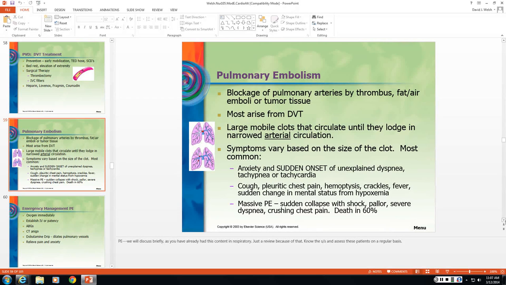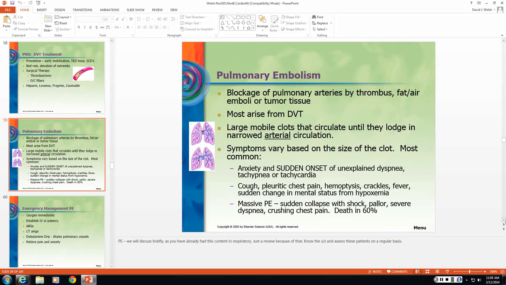They're usually large mobile clots that circulate until they lodge in a narrow arterial circulatory system. Symptoms are based on the size of the clot, and most common are you're going to have anxiety and sudden onset of unexplained dyspnea, tachypnea, or tachycardia.